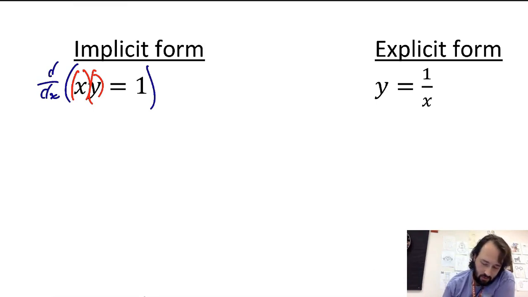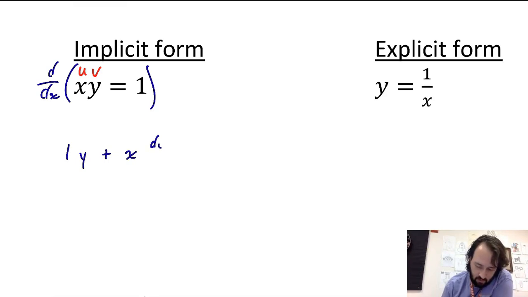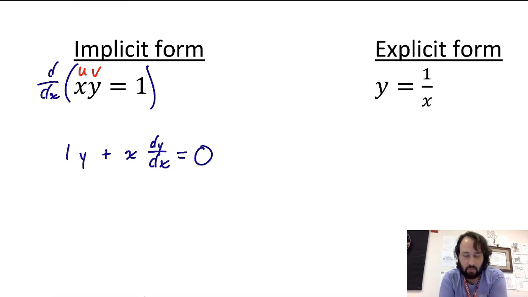So as a u v prime, the derivative of x is 1 times the second, plus the first times the derivative of the second, which I don't know what that is, especially with respect to x. The derivative of 1 equals 0, so I'm left with this.